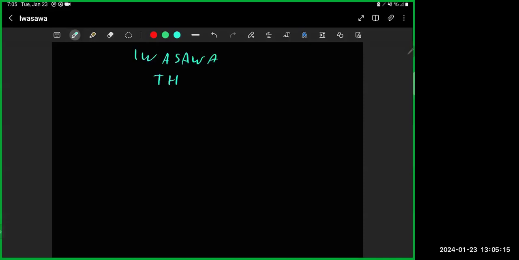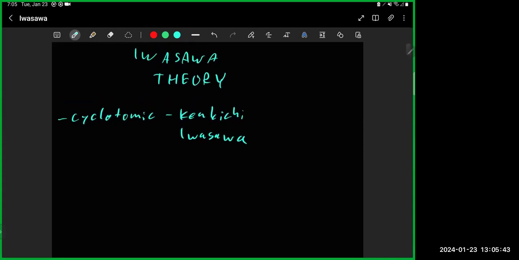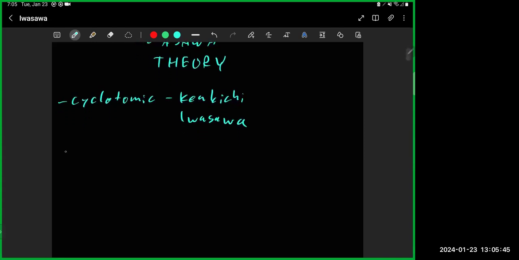But what actually is Iwasawa theory? These are cyclotomic methods developed by Kenkichi Iwasawa in the late 50s, in order to answer some fundamental questions that were still left unanswered about an object known as the class number of a number field.